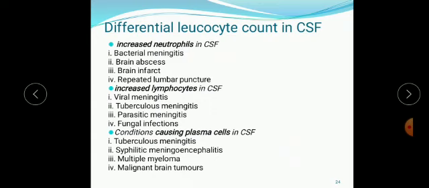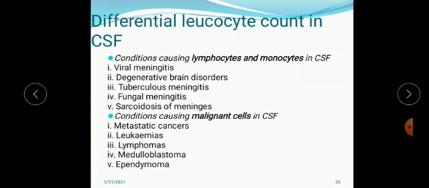Increased lymphocyte count in CSF can be seen in case of viral meningitis, tuberculous meningitis, parasitic meningitis, and fungal infection. Normally plasma cells are absent, but whenever plasma cells are present, conditions like tuberculous meningitis, syphilitic meningoencephalitis, multiple myeloma, and malignant brain tumor should be suspected.